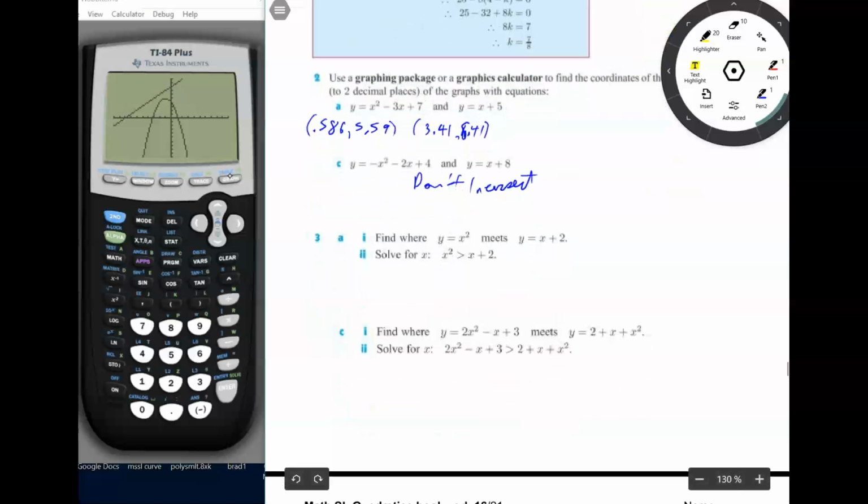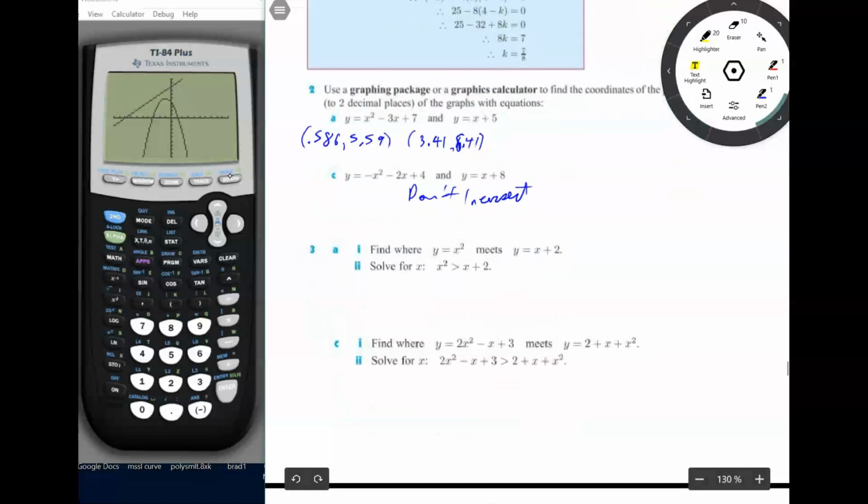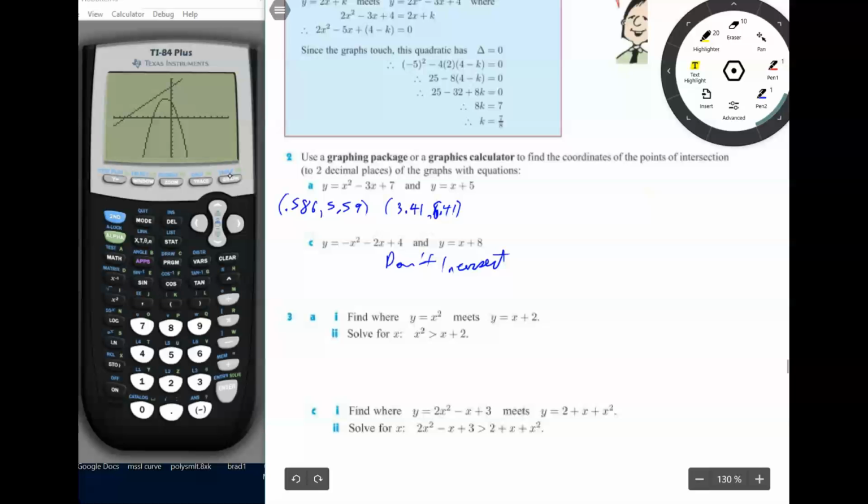Let's go down to 3a. Find where y equals x squared meets y equals x plus 2. Okay, this looks easy enough to do without the calculator.